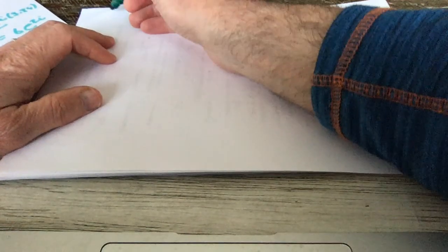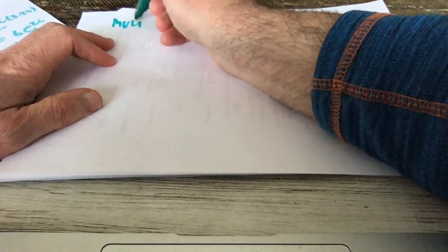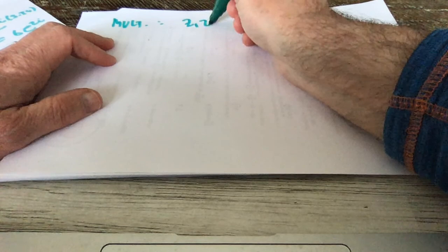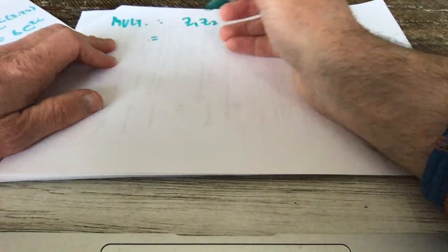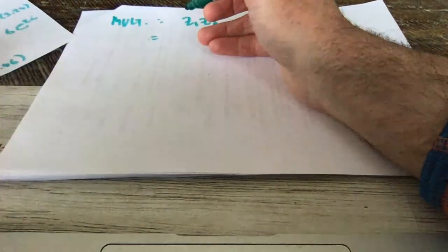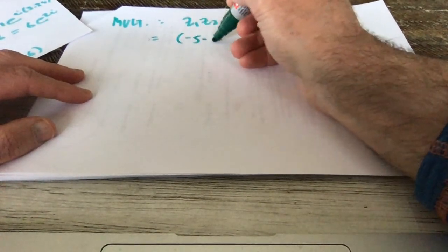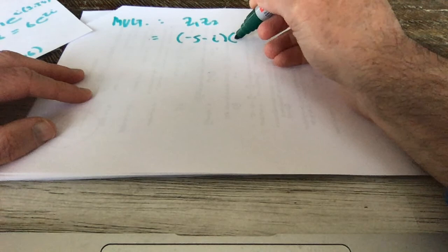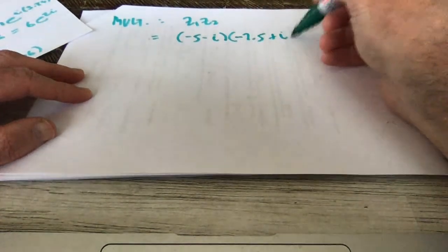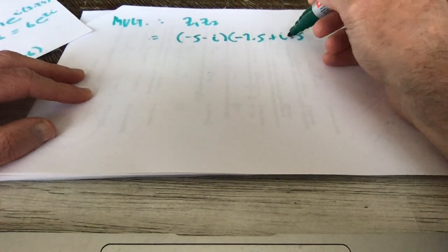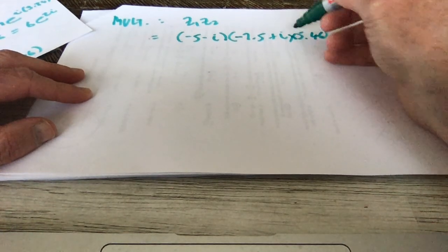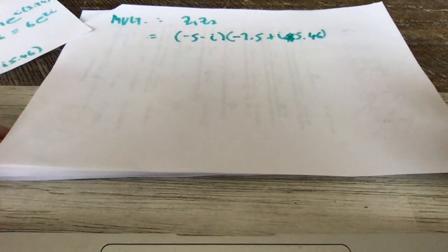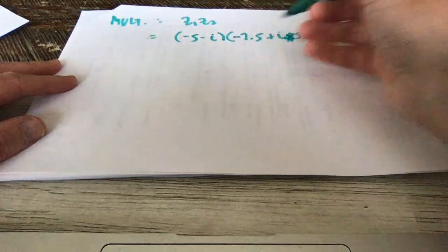So let's look at multiplication. I want to multiply Z1 by Z2. Now I have two ways to do it, folks. I can take the Cartesian form, so look, Z1 and Z2. So it's minus 5 minus i by minus 2.5 plus i 5.46. They're the two Cartesian forms, and you multiply them out.